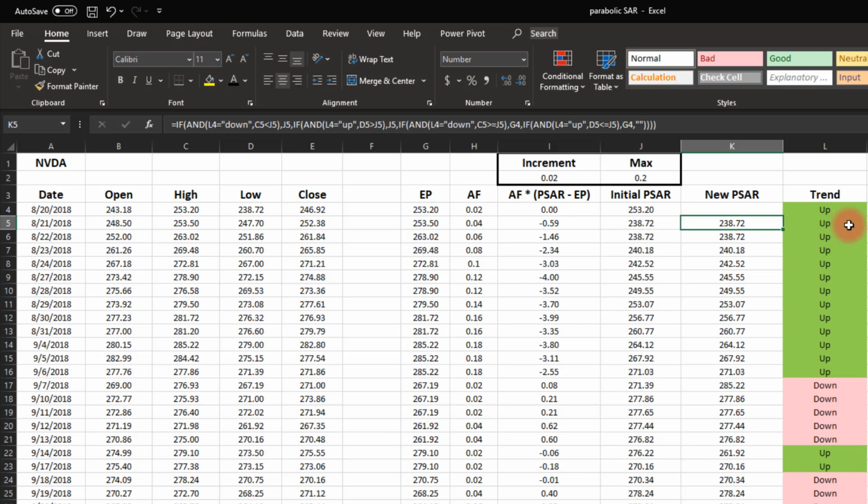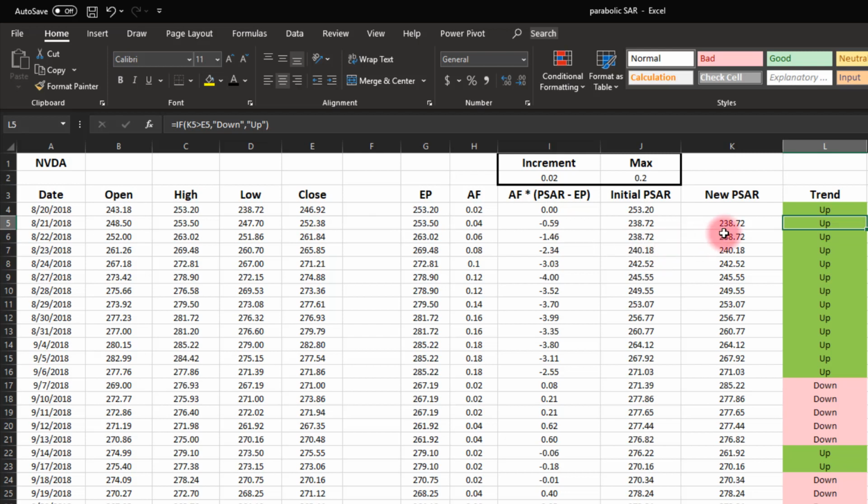So now look over here at the trend. How will we identify if we're in an up or a downtrend? It's very simple. What we're going to say is that up here, if K5 is greater than E5, so if this new PSAR is greater than E5, which is the closing price, then it's going to be down. Otherwise, it's going to be up.